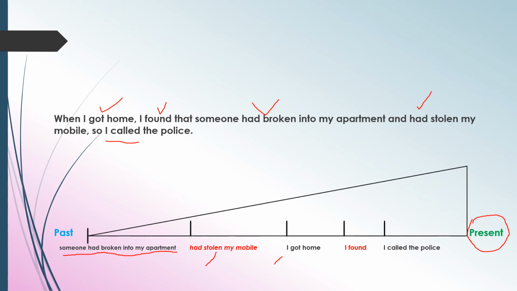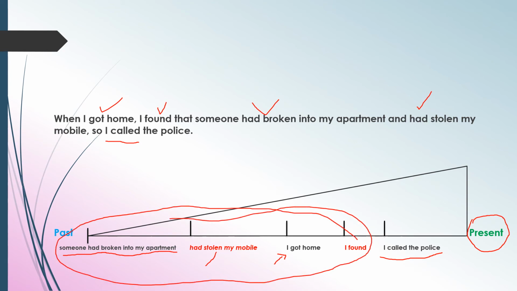Then you got home, that means you arrived or reached home and found. Going and reaching there and found there is just a similar thing. And then you called the police. So now I would like to section it as a sequence. We are talking about two actions.